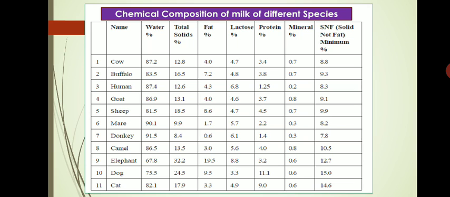So if you compare with other milks like cow and buffalo, proteins are very low in human milk. You can also see the nutrient profile for other animals like goat, sheep, donkey, camel, elephant, dog as well as cat.